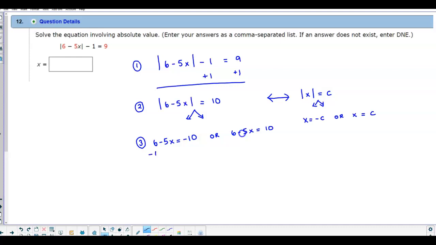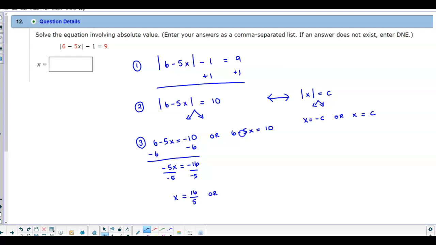So we're going to subtract 6 from both sides. We get negative 5x, which is equal to negative 16. And then divide both sides by negative 5. And therefore x is going to equal 16 over 5.